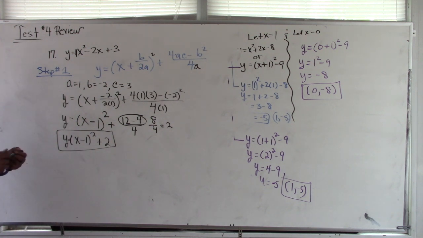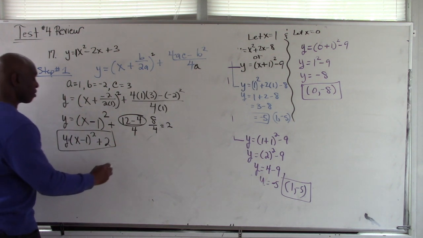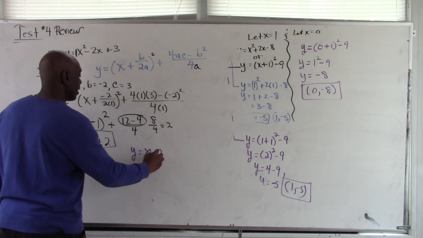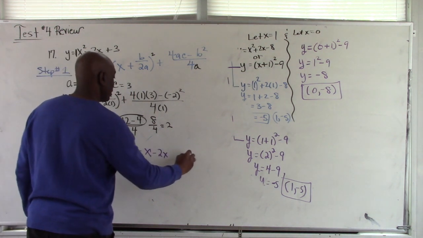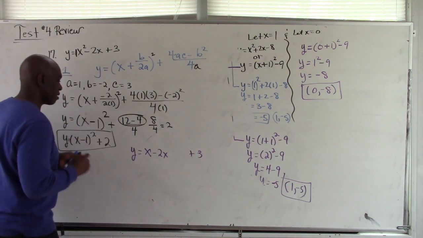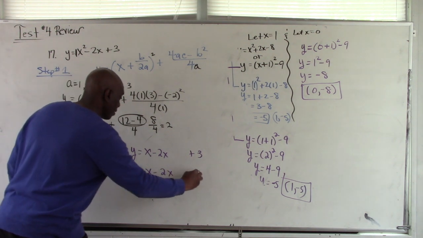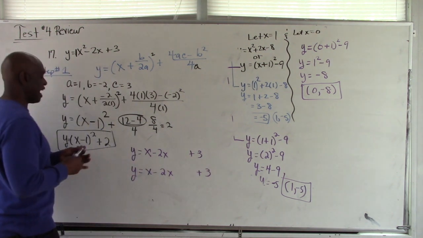Okay? So that's step one. Or we could have done it the other way. We could have said, look, y equals x squared minus 2x plus 3. Take half of 2.